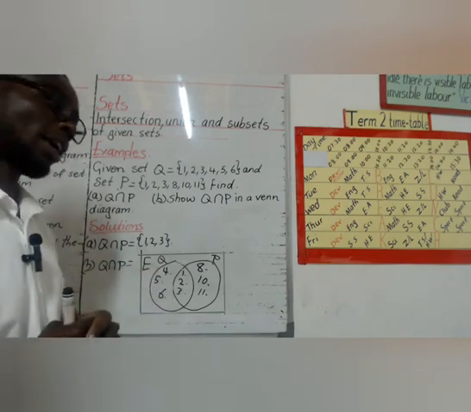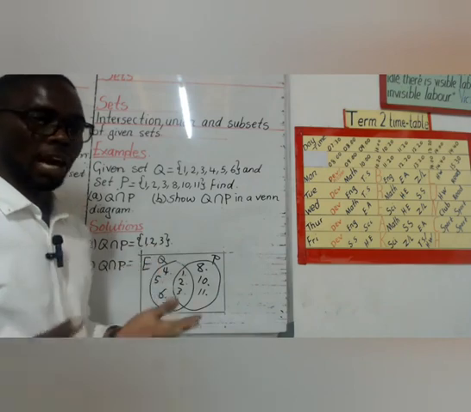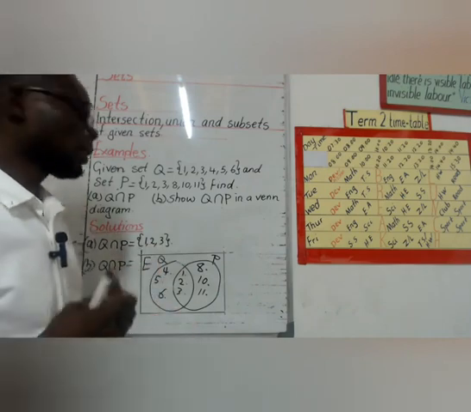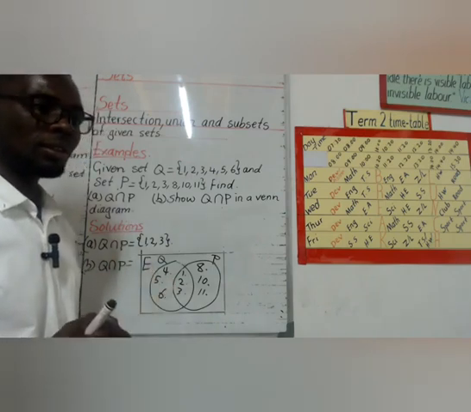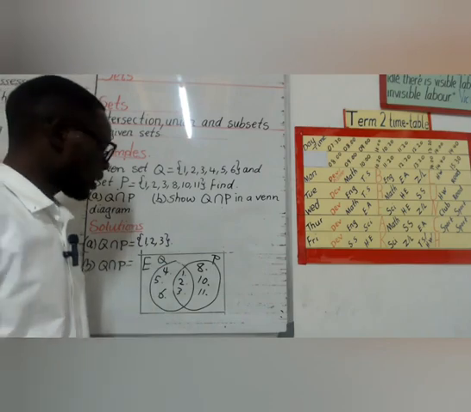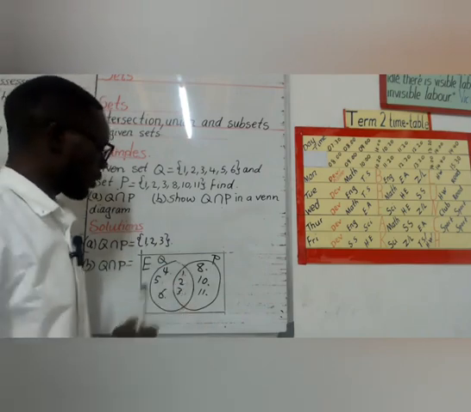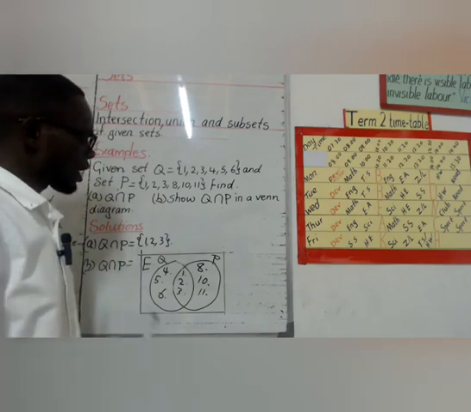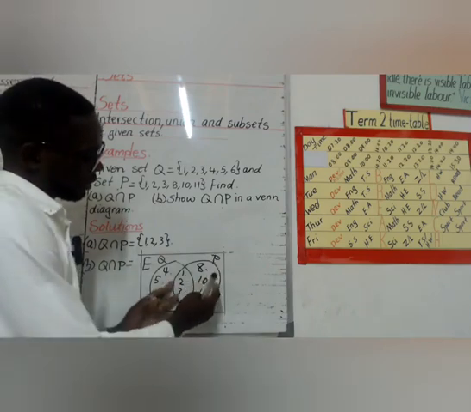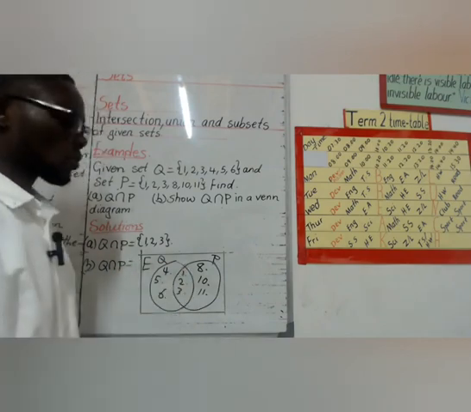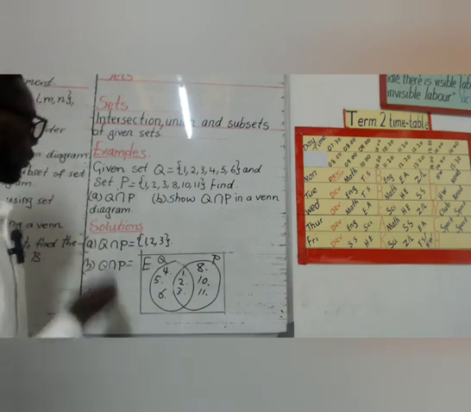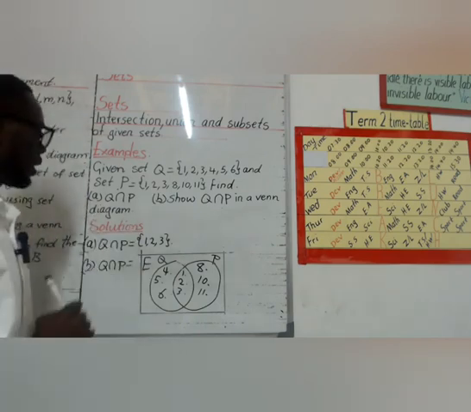It tells us we have drawn the Venn diagram showing Q intersection P, and our members of the intersection are 1, 2, 3. Members of set P are here, including this. Members of set Q are here, including this. So we have answered question A and question B.